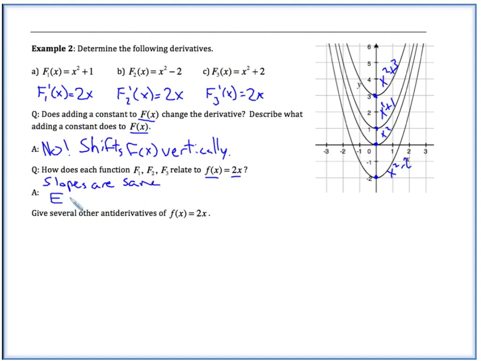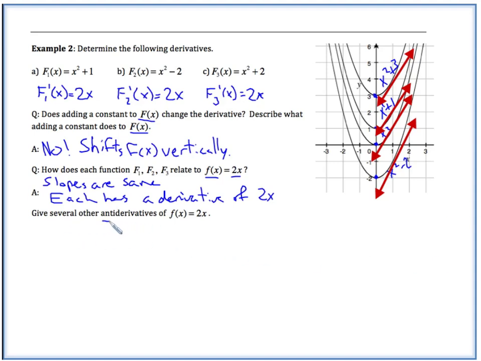And each has a derivative of 2x. So if we just went like at x equals 1 and we were to draw the slope here, on all these graphs, you can see that they're all going to be the same.